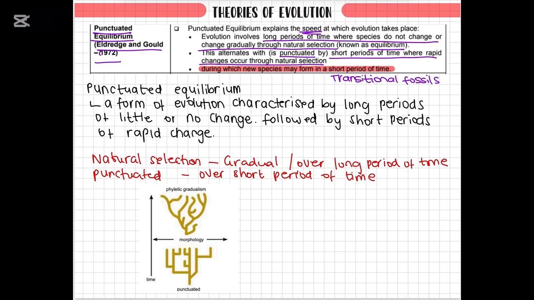As time is moving, there is little or no change, and then there's short periods of change, and then long periods of little or no change, and then short periods of change. Take note that as it stems upwards, there is a new species being formed in a short period of time. So going sideways, there's a change, but going up, there is no change.